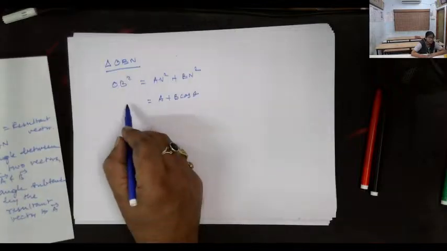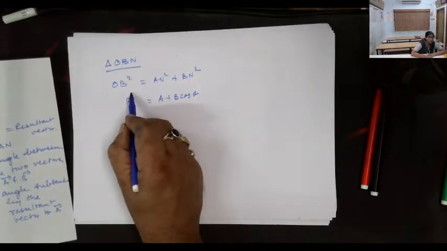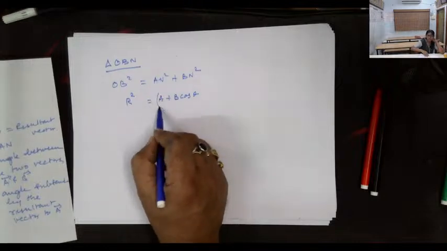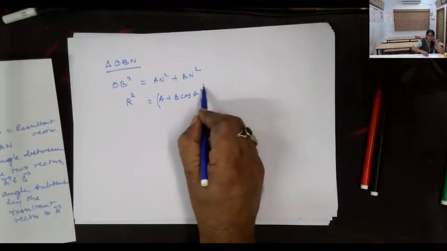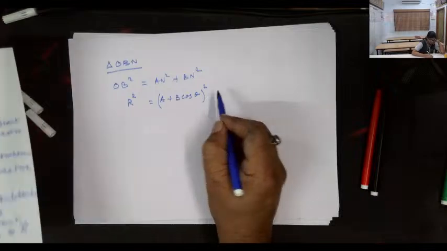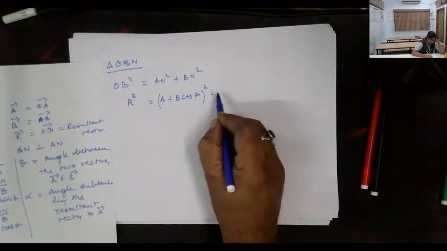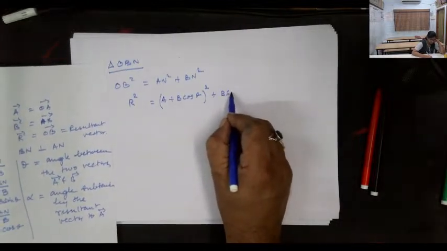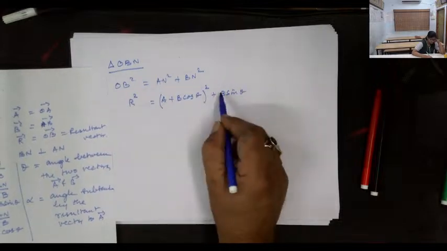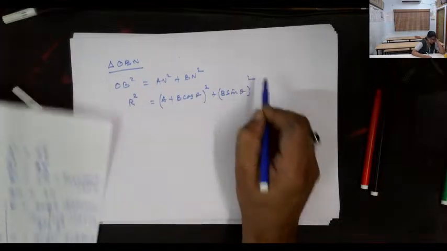So R squared, instead of ON, you can put A plus B cos theta whole square, and plus B sin theta, which is nothing but BN, the whole square. Is it clear?